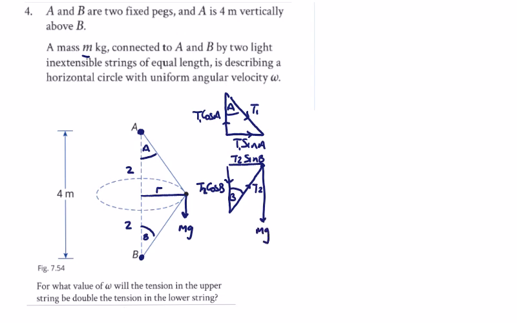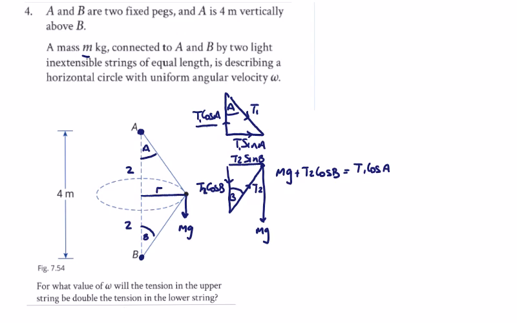So let's see, my force is going down. Looks like I have mg plus T2 cos B going to be equal to the forces in the other direction, which will be my T1 cos A for my vertical.